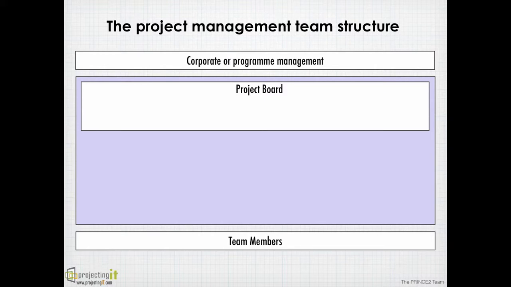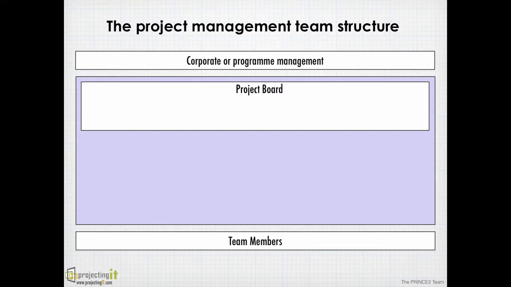The project board does not do day-to-day management, but provides direction to the project manager in terms of agreeing the targets for the project for scope, time, cost, quality, and benefits. The project board is like a steering committee which is formed by combining a couple of roles.